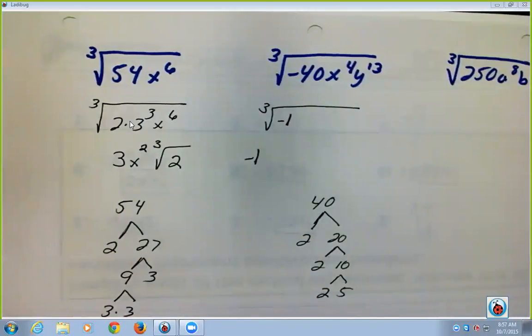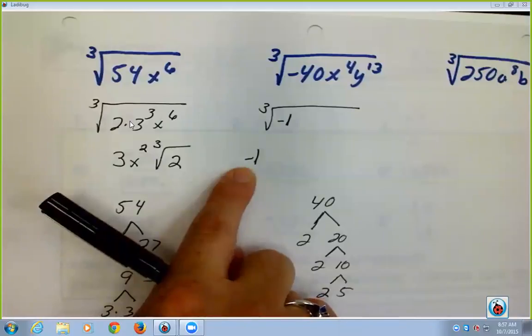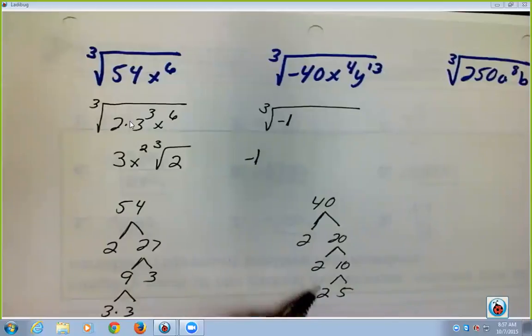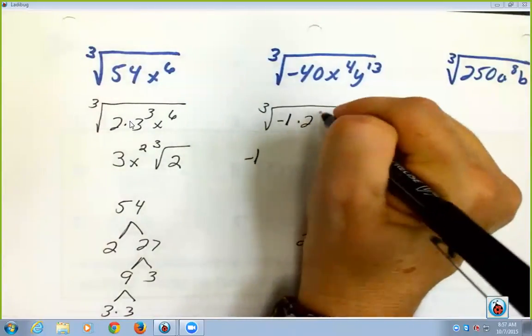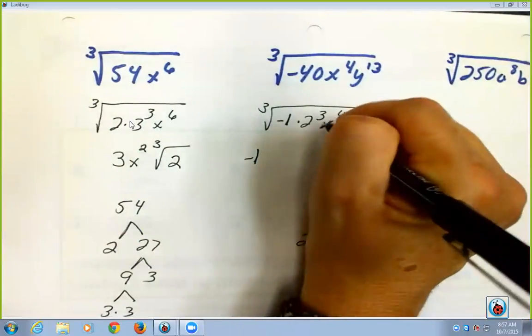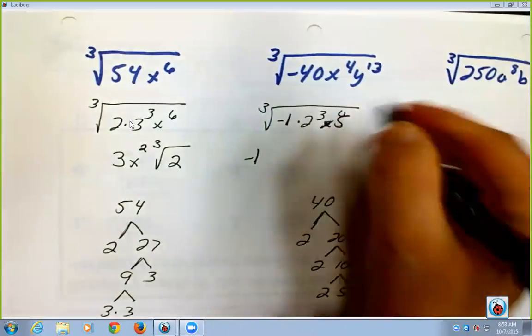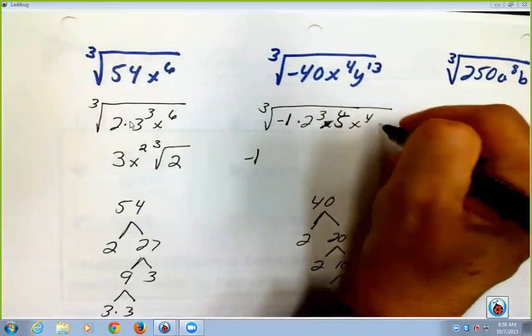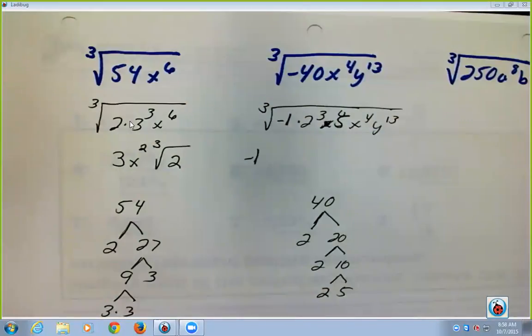Okay, so if you've got a negative, it means your answer is going to be negative when you take the cube root of it. And I've got 1, 2, 3 2s times 5. And x to the 4th and y to the 13th.